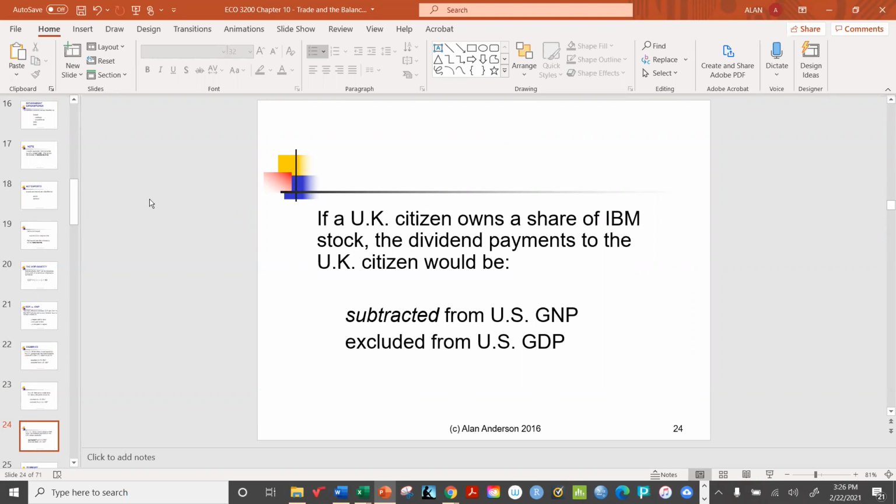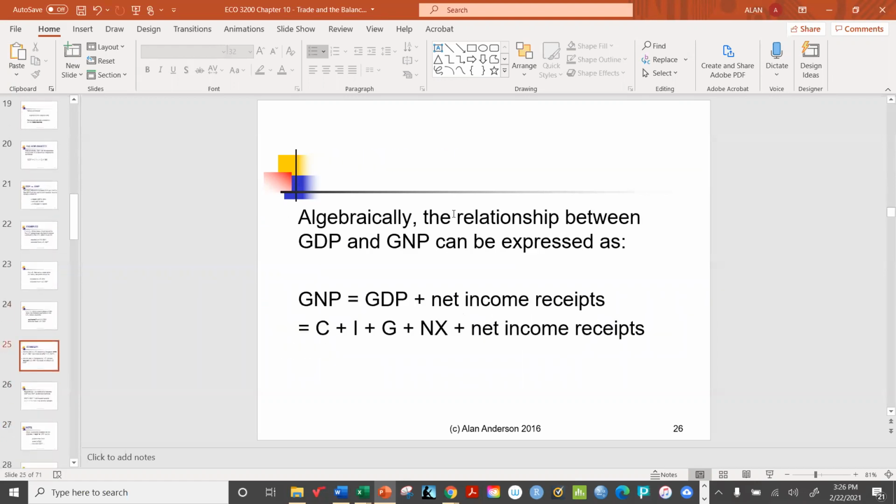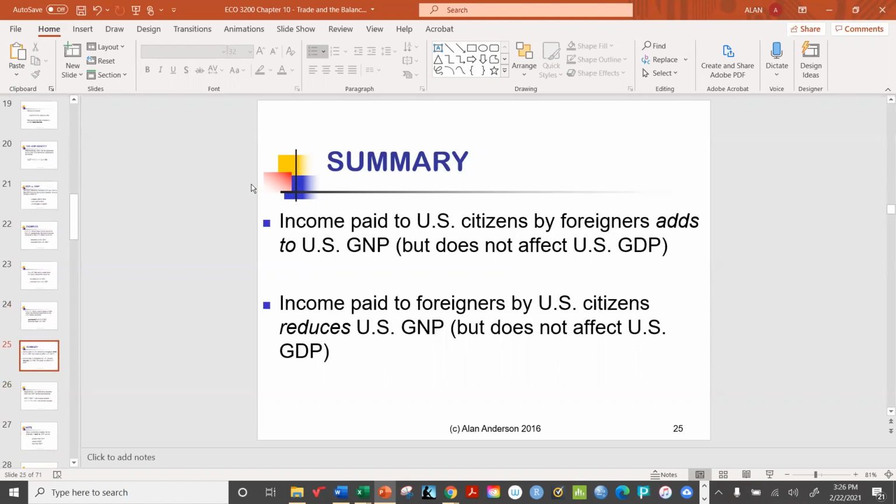And here it does not, again, count in GDP because this is not taking place in the United States. Now, what else? Oh, okay. So income paid to U.S. citizens by foreigners adds to our GNP, but income paid to foreigners by us reduces our GNP. But in both cases, it does not count in GDP.